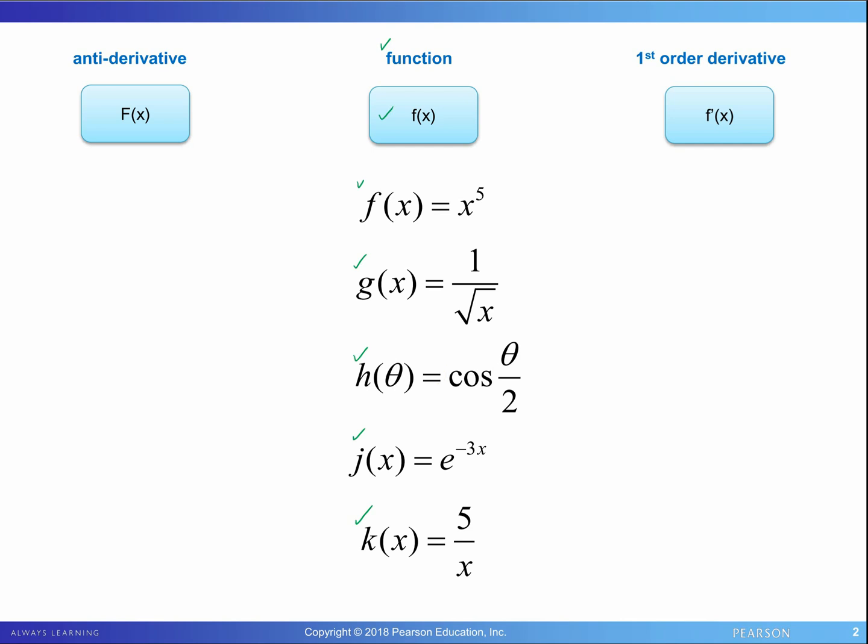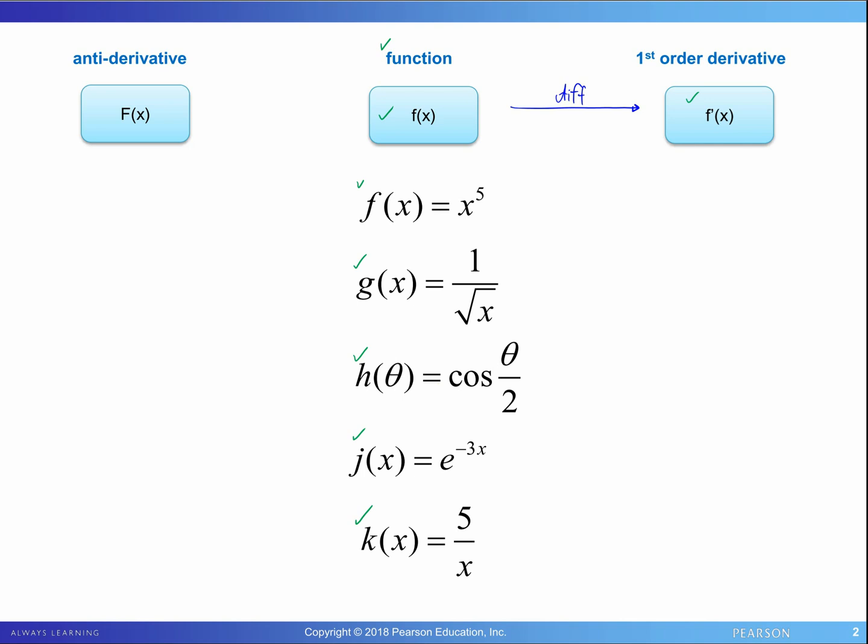Now, if I differentiate this function along this arrow, so this is diff, I'm going to get its first order derivative, which is f prime of x right here. As you can see, diff is the action and derivative is the product or the result.